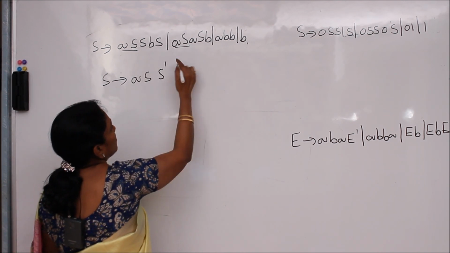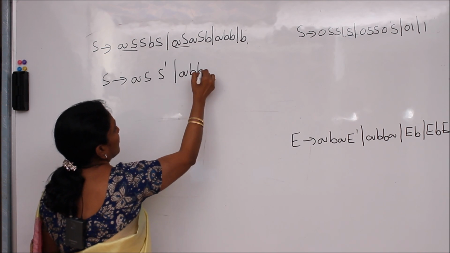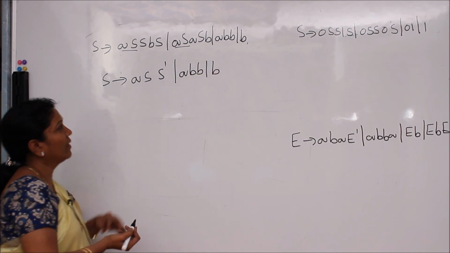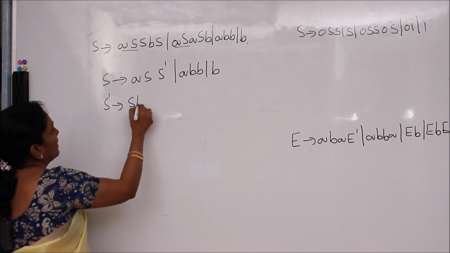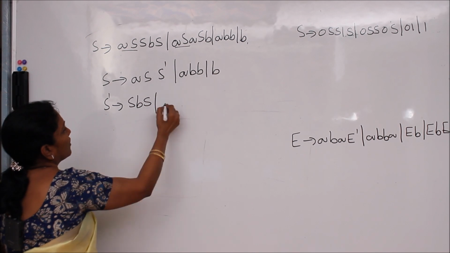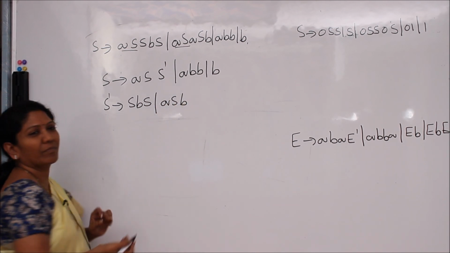Commonality is there between these two, so add the remaining as it is. Whereas this new non-terminal S' is what? S' is SbS here, and here what is left out is aSb.